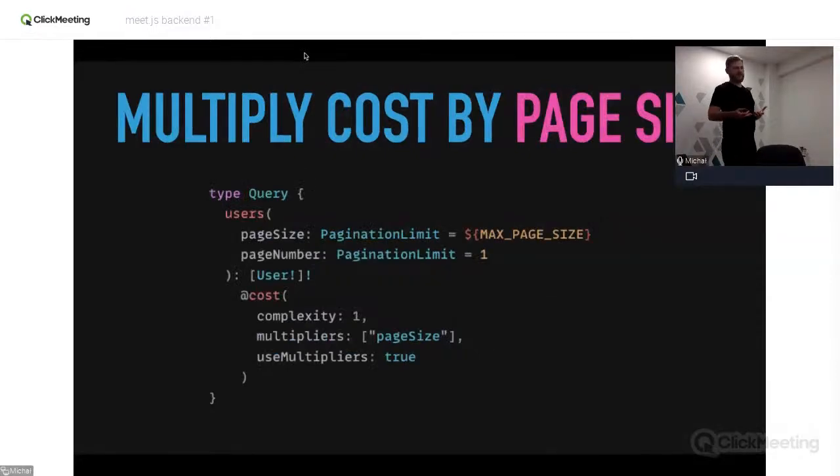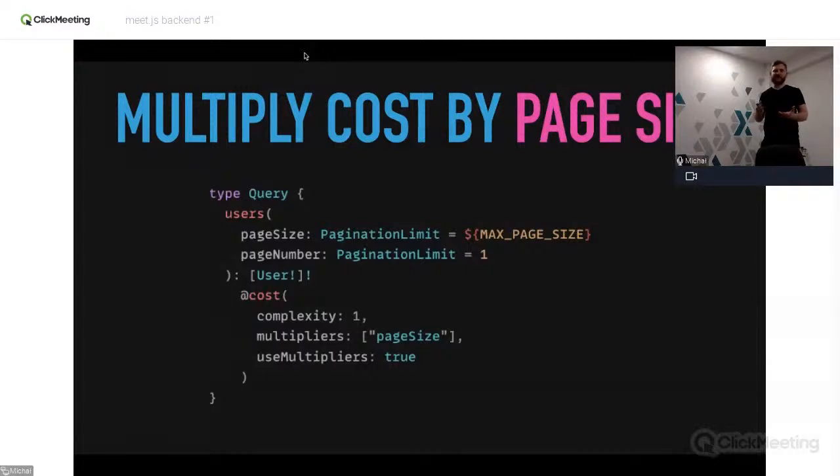If we have pagination in some kind of a query, usually every part of the query would cost just 1 point, this abstract point that we defined before. But when we fetch users, it would be ideal if we could assign an exact cost for the exact number of users that are fetched. So we can make it so with this tool using the cost directive.